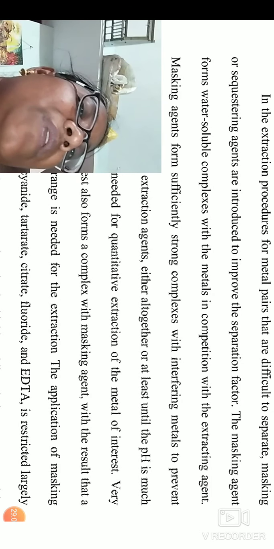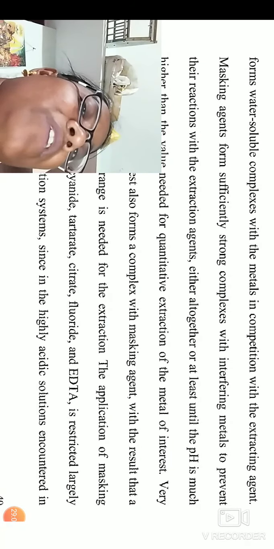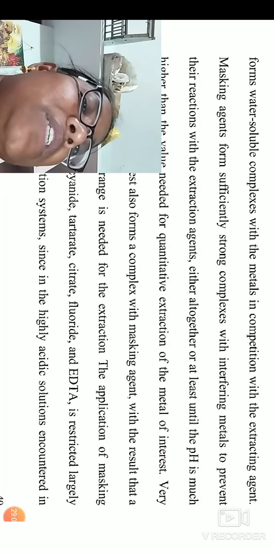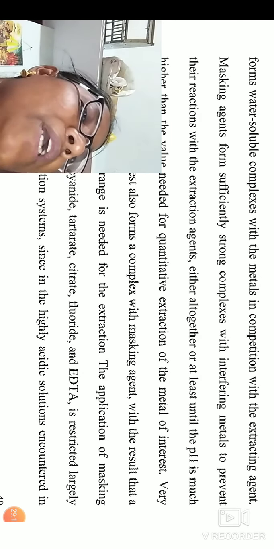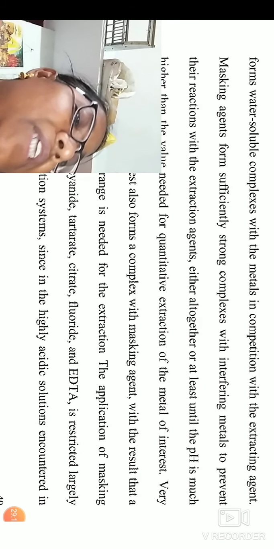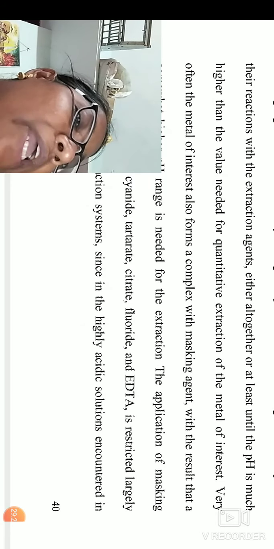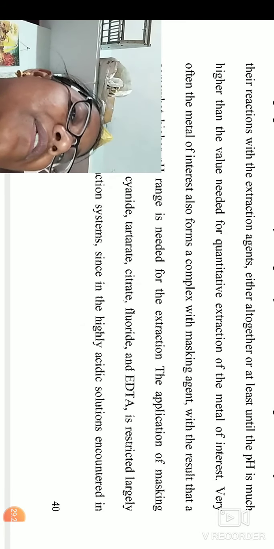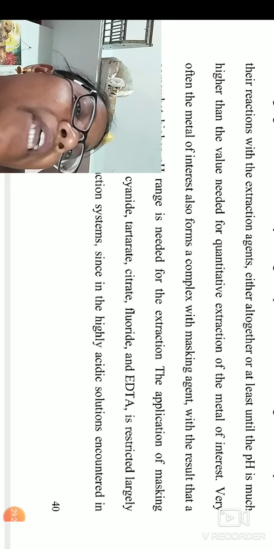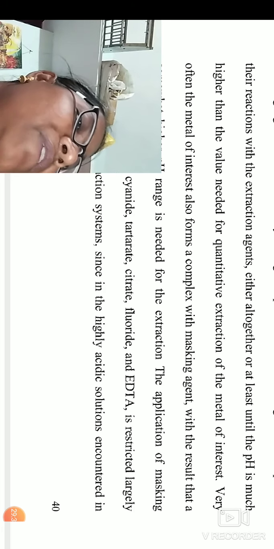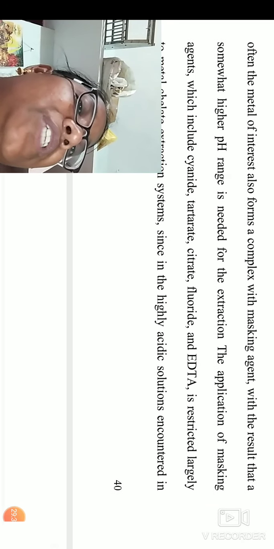Masking agents form sufficiently strong complexes with interfering metals to prevent their reactions with the extraction agents, either altogether or at least until the pH is much higher than the value needed for quantitative extraction of the metal of interest. Very often the metal of interest also forms a complex with the masking agent, with the result that a somewhat higher pH range is needed.